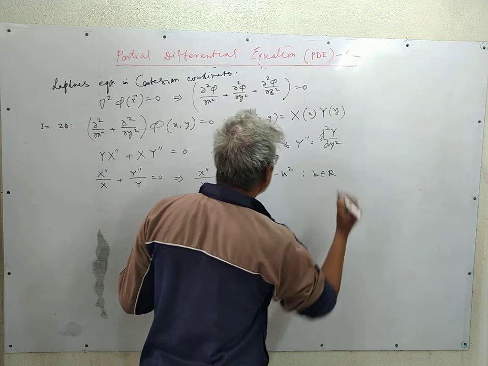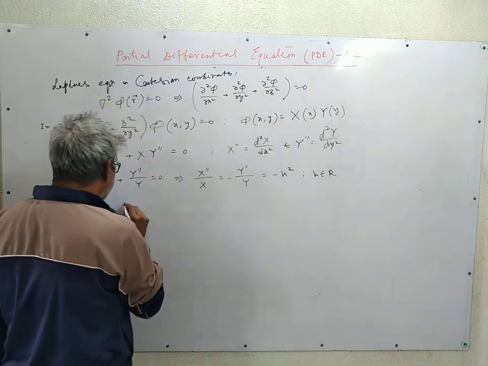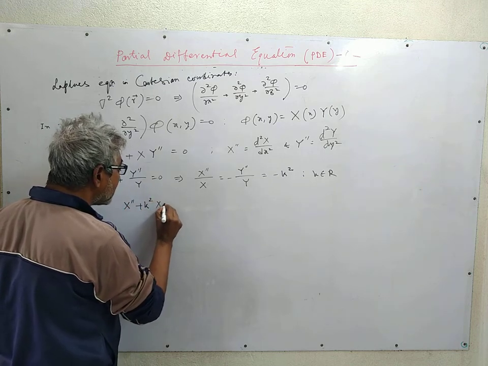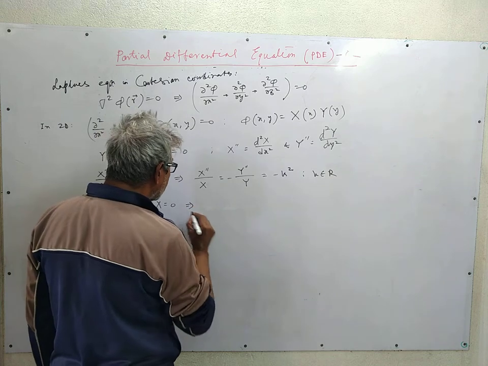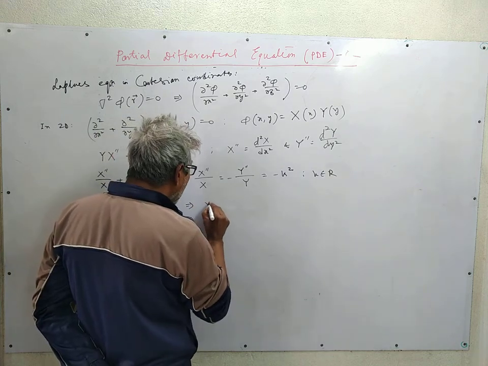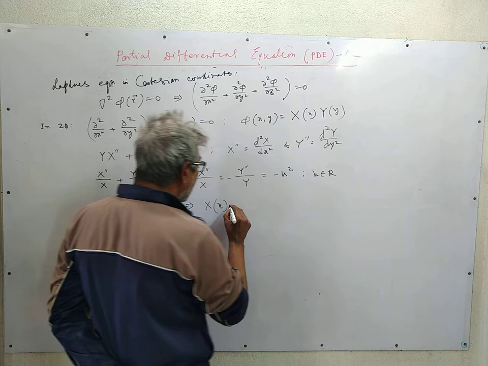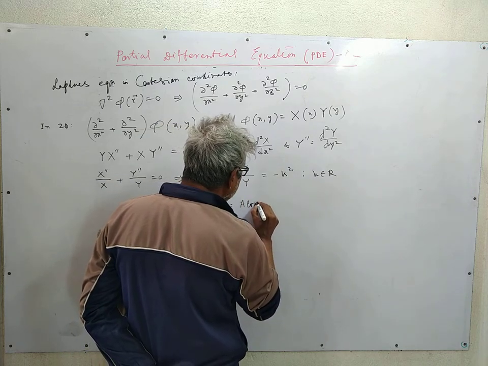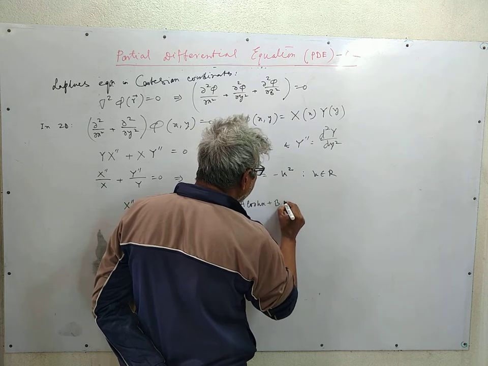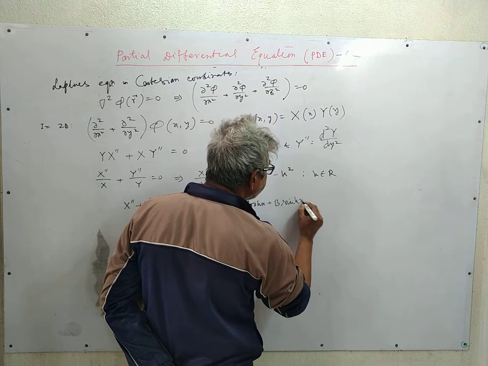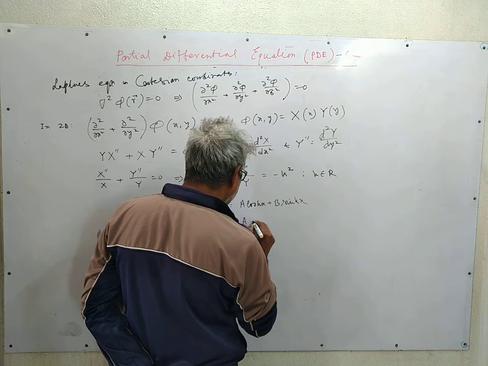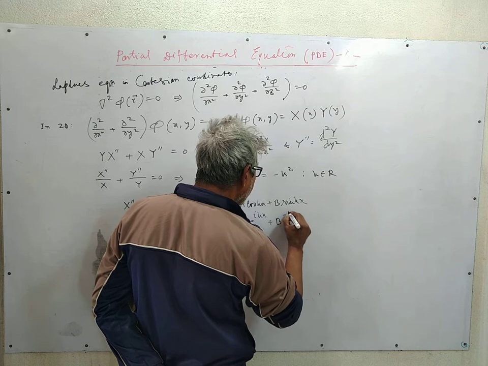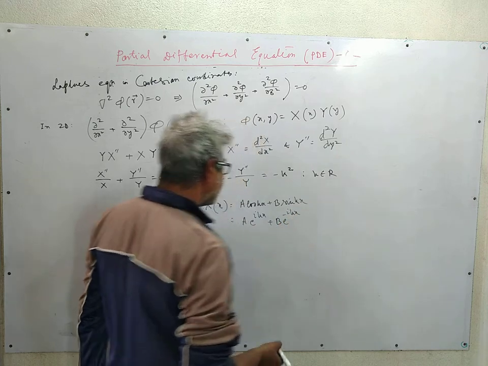K belongs to the real numbers, so in that case the X equation becomes X double prime plus k squared X equal to 0, with the solution X of x equal to either a cos kx plus b sin kx, or a e to the power i kx plus b e to the power minus i kx.